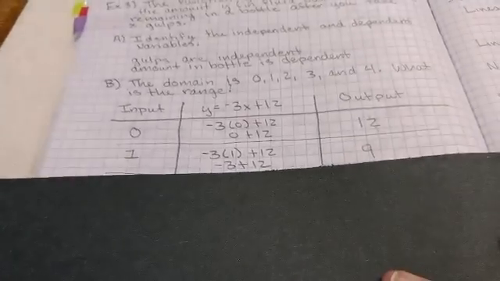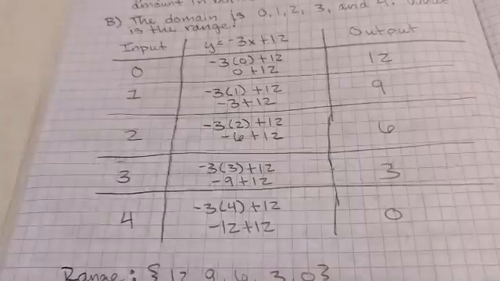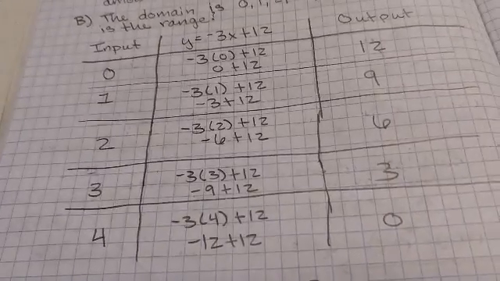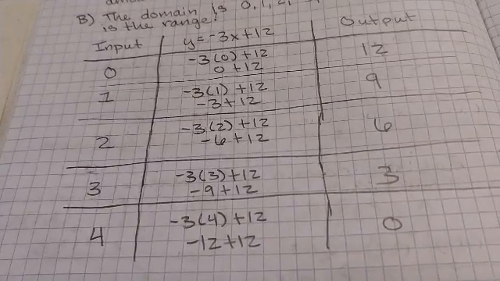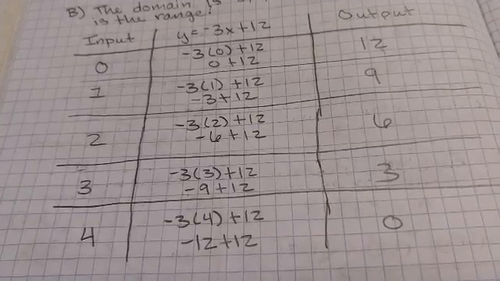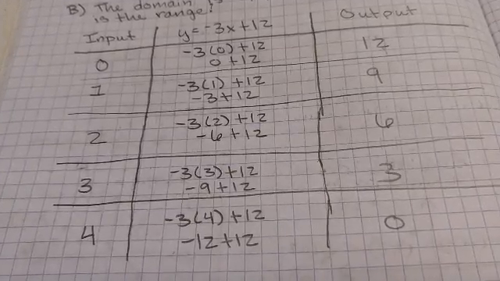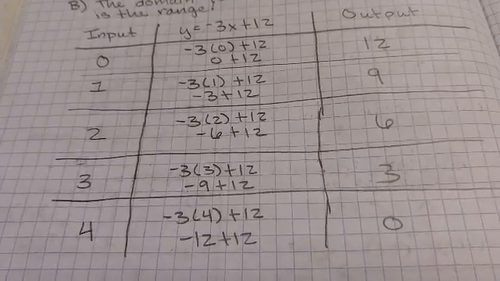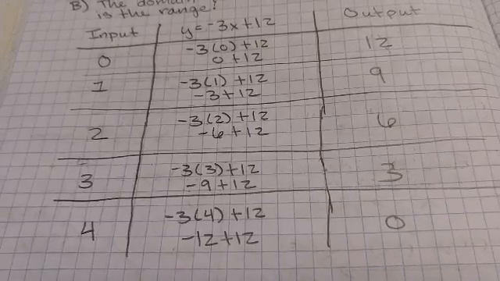I'm going to continue this on for 2, 3, and 4. So for number 2, our input is 2. We have negative 3 times 2 plus 12. Negative 3 times 2 is negative 6, and negative 6 plus 12 gives us 6. So 2 gulps of juice is going to give us 6 left in our bottle.